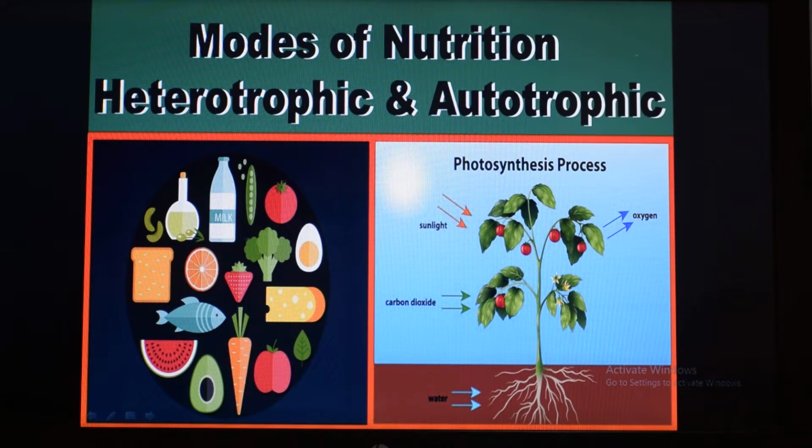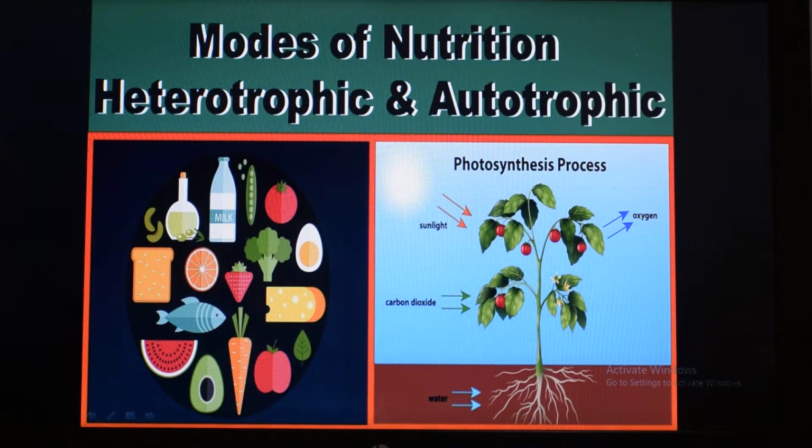On the basis of their mode of nutrition, all the organisms can be divided into two main categories: autotrophs, having autotrophic mode of nutrition, and heterotrophs, having heterotrophic mode of nutrition. We will now discuss both these modes of nutrition in detail one by one.